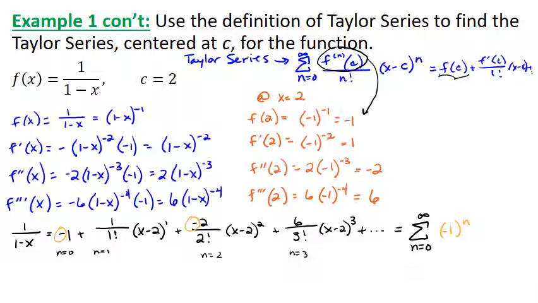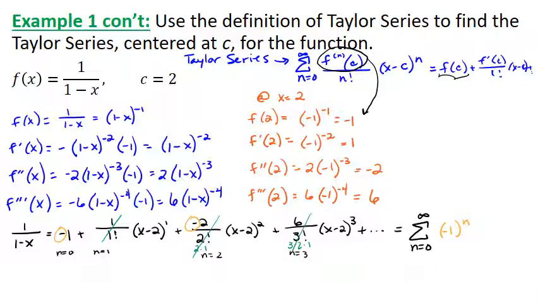So I want to point something out. Let's look at what we have. This becomes 1 over 1, and this cancels. 2 factorial is 2 times 1, which is 2. This also cancels. 3 factorial is 3 times 2 times 1, which is 6. This will also cancel.